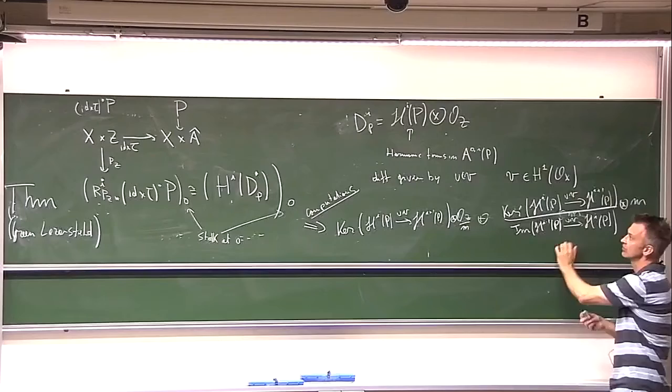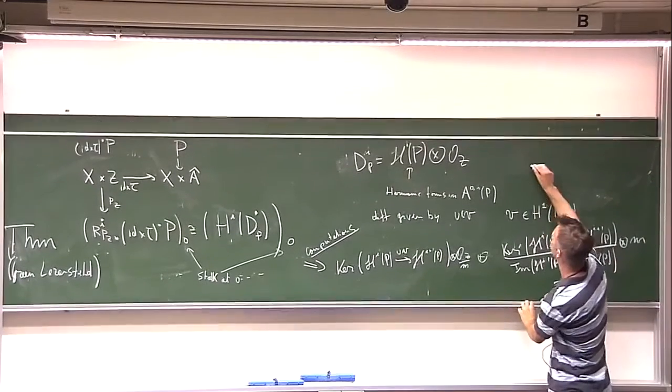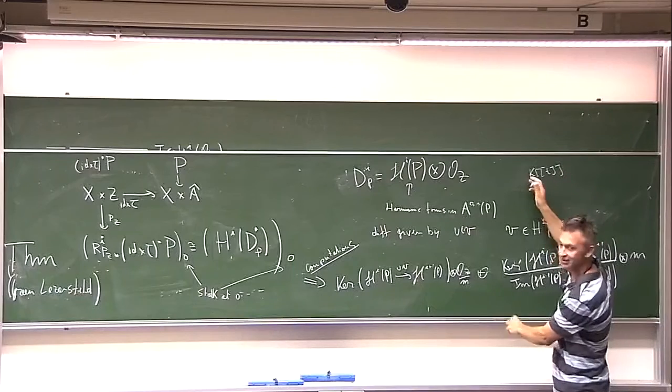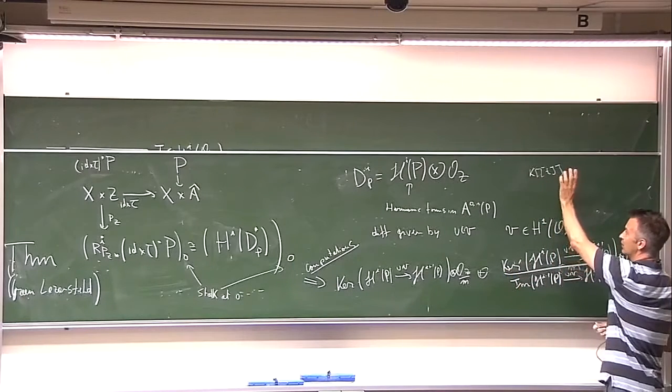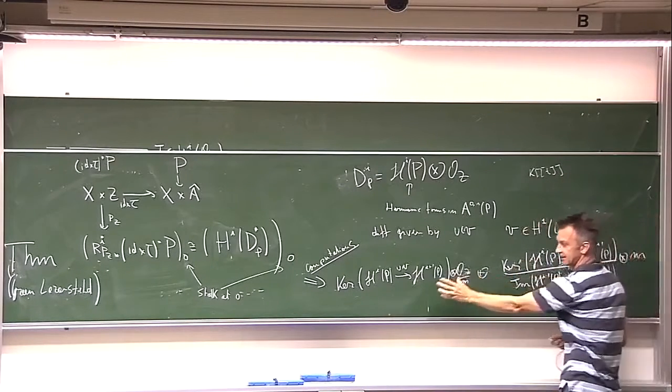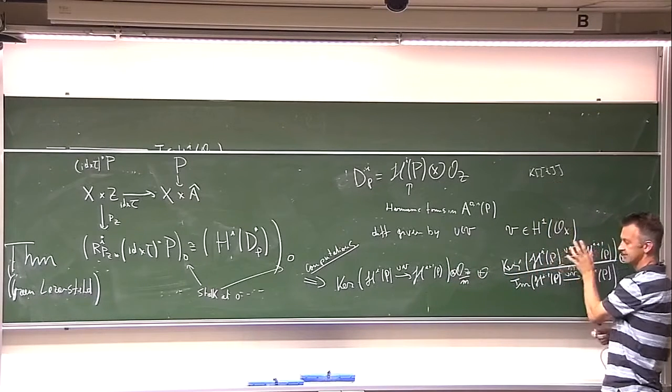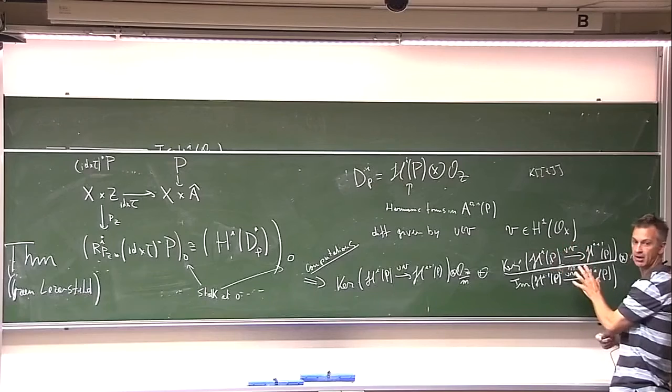I know you don't want me to think of it as a K(T)-module, but let's pretend that it's a K(T)-module. Then when you quotient by T, this is what you get, the kernel. When you look at the generic point, this is what you get, the actual cohomology. So you get something smaller.